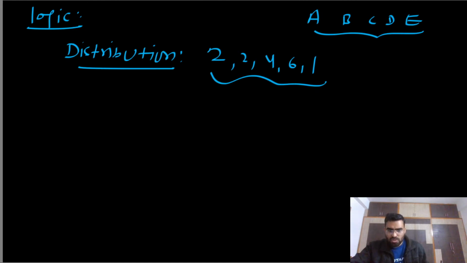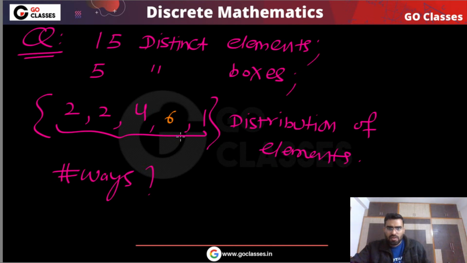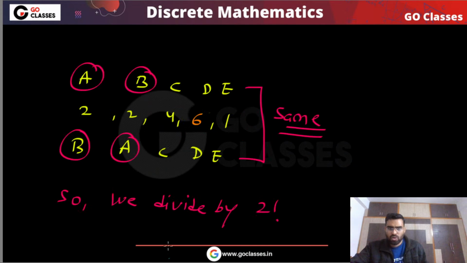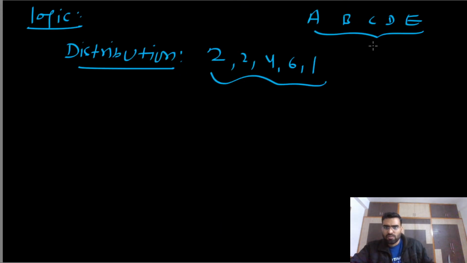I am talking about this question, the previous question. You can notice 5 boxes, these are the boxes, and the distribution is 2 2 4 6 1. So here you can notice, who will get 1?